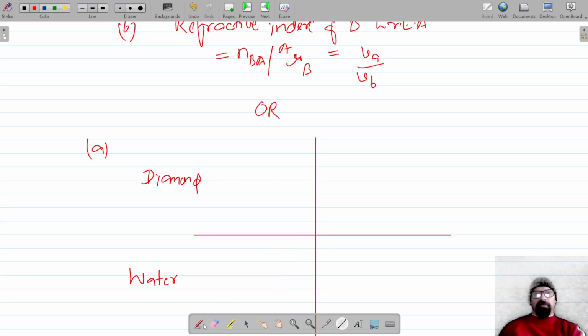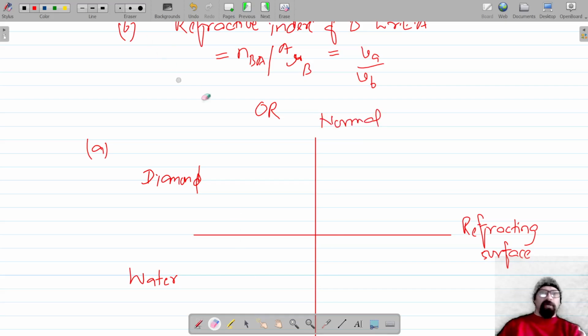I'm going to label this as the reflecting surface, the surface that separates the diamond and the water. This is diamond. This is the normal to the surface, and I'm going to represent it as a dotted line.